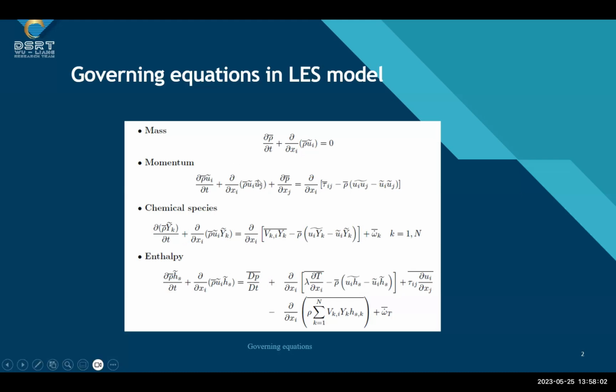This term is the force from the diffusivity of momentum. This is the term for convection of momentum.